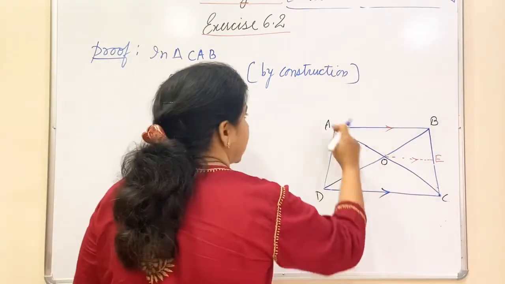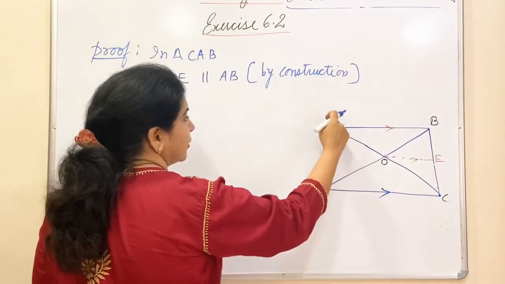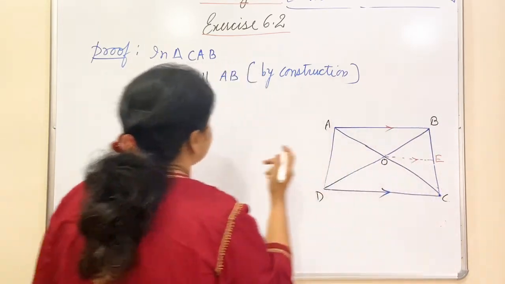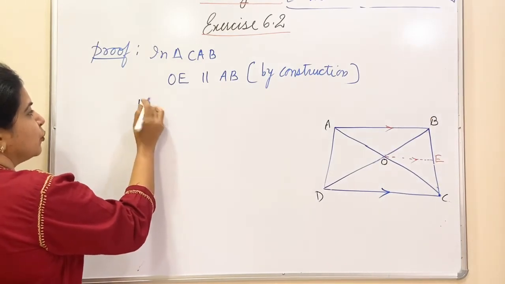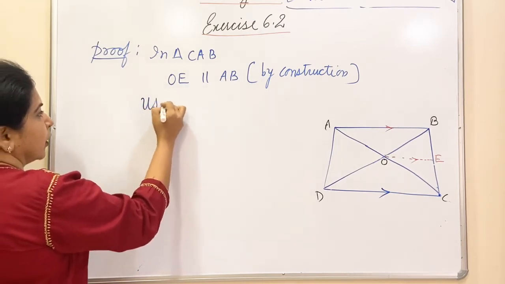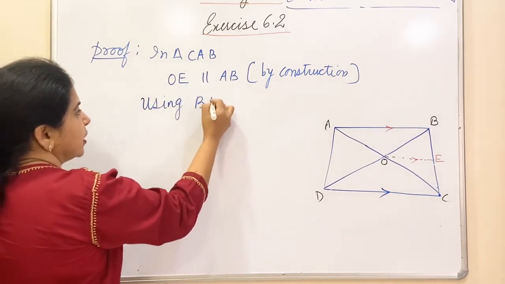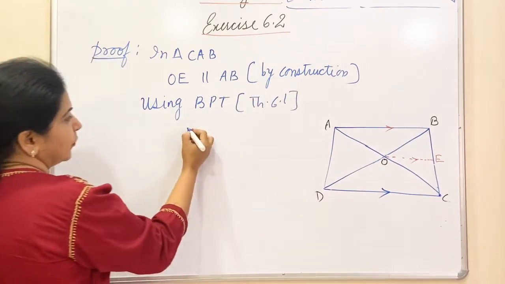So in this triangle, when one line is parallel to one side of the triangle, then the other two sides are divided in the same ratio by using BPT, that is theorem 6.1.